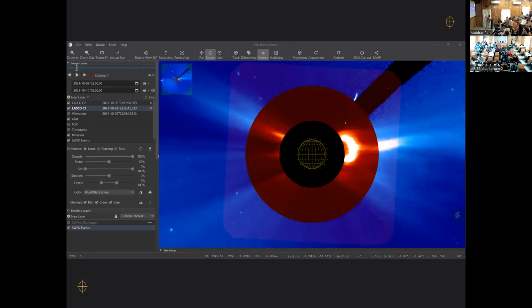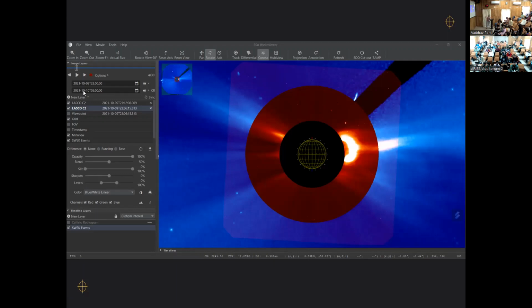Here you can see that we can put the date and a particular time of the CME which we want to observe. Then in a new layer, we have added the LASCO C2 and LASCO C3. There is a drop-down option here, and in this we have used the SOHO database, from which we have chosen LASCO C2 and LASCO C3.